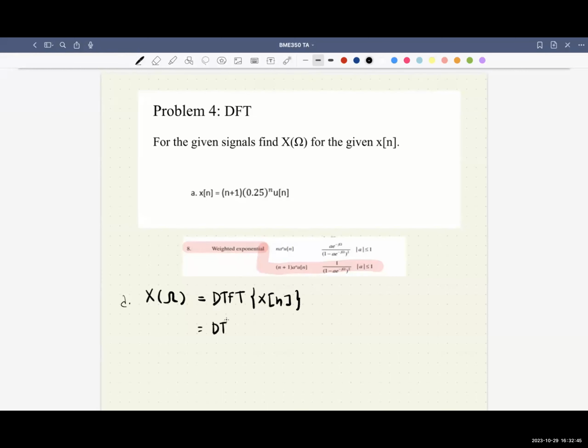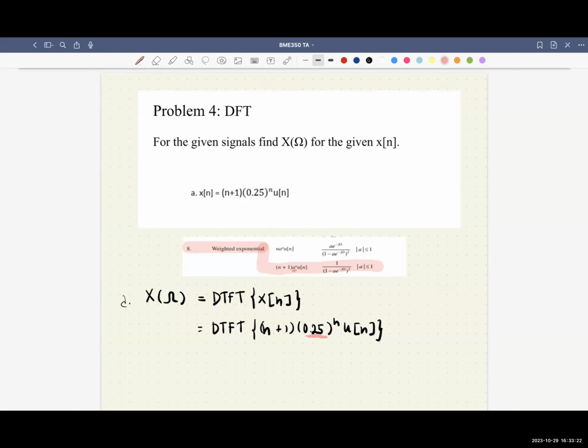Let's plug x[n] in here. So we got (n+1) times 0.25 to the power of n times u[n]. If we look at the property here, can anyone tell me what will be the value of a? 0.25. Yes, 0.25. Thank you.